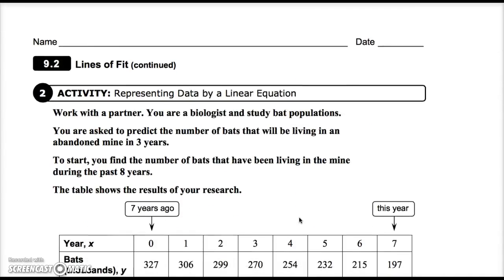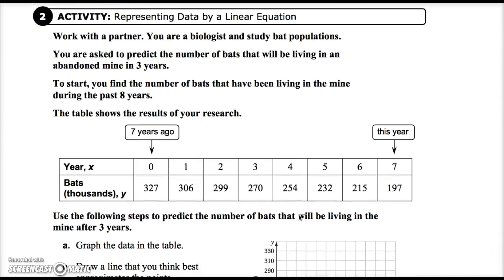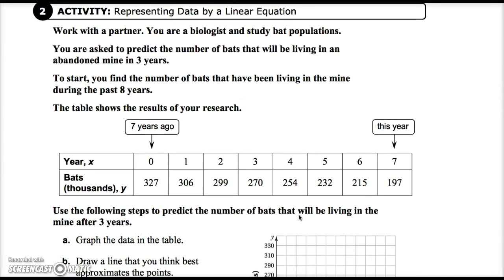Okay, moving on to the next page. It says you are a biologist and study bat populations. You are asked to predict the number of bats that will be living in an abandoned mine in 3 years. To start, you find the number of bats that have been living in the mine during the past 8 years.